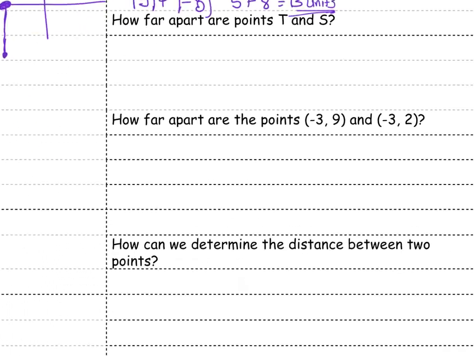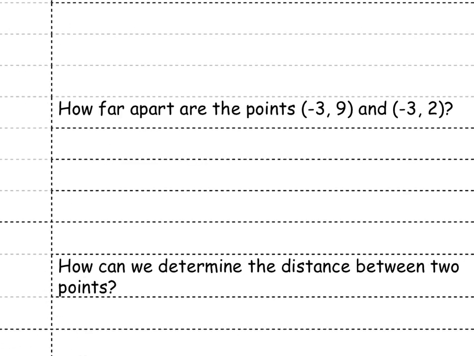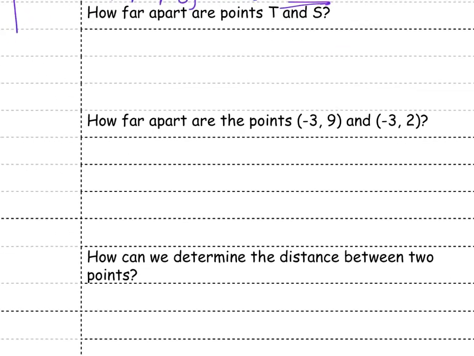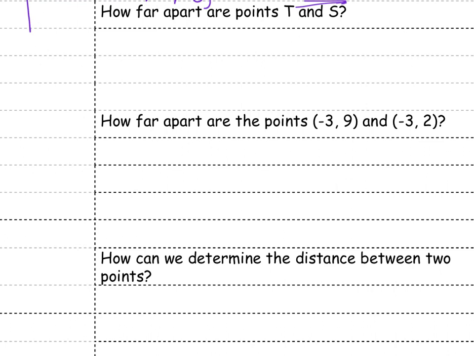I'm going to skip the T and the S. How far apart are the points (-3, 9) and (-3, 2)? So again, think about that. If you have it on a coordinate plane, we'd both be going over -3. But one goes up 9, the other only goes up 2.